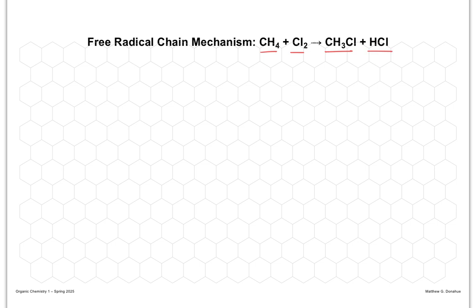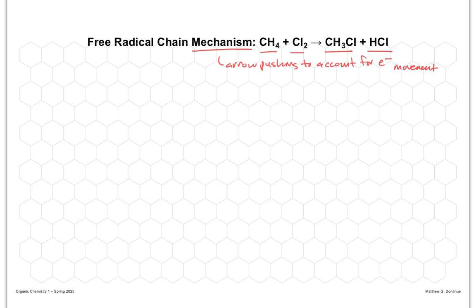So when I talk about mechanism, really what we want to focus on is arrow pushing to account for electron movement. So that helps us understand how bonds are broken and made.